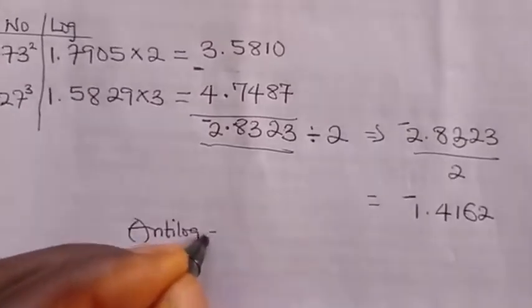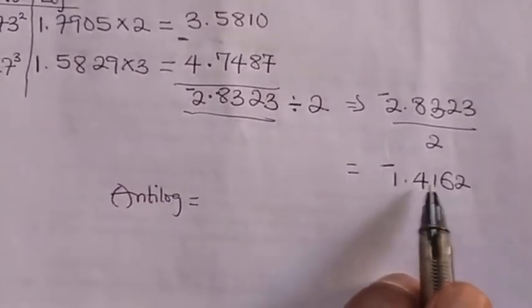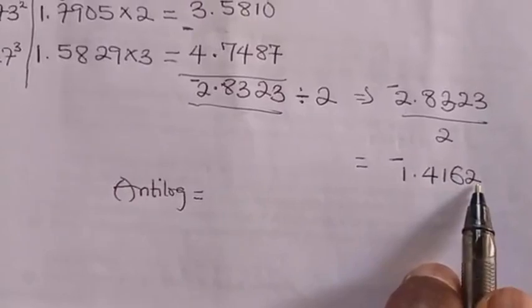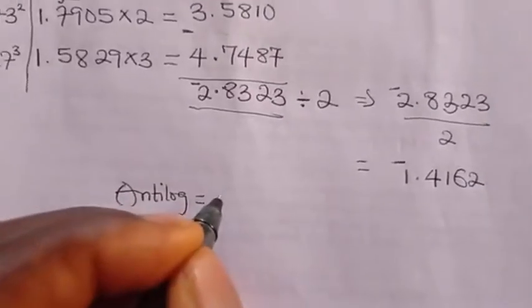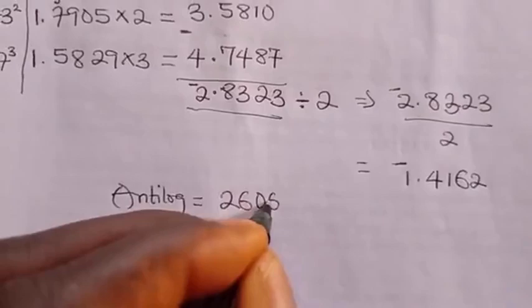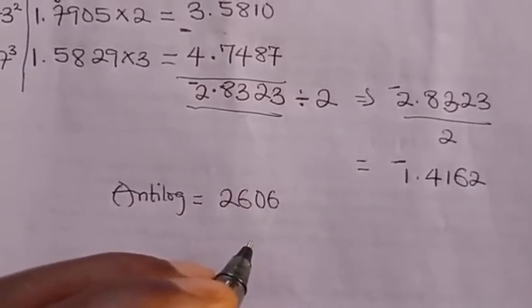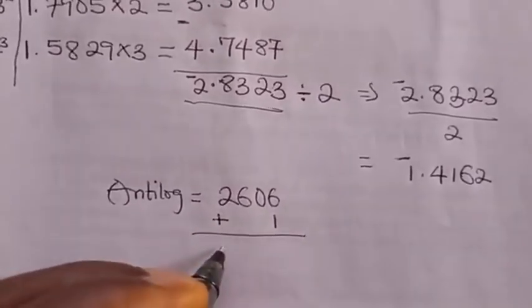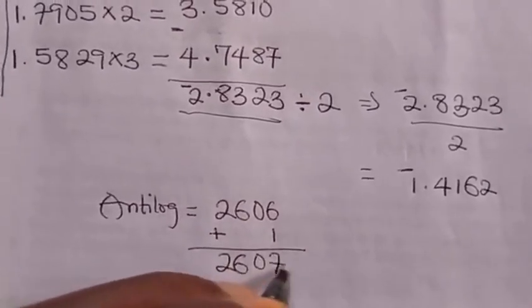The anti-log will be equal to, we'll check for 0.41 under 6, difference of 2. 0.41 under 6, we have 2606. Difference of 2, we have 1. And that sums up to give us 2607.